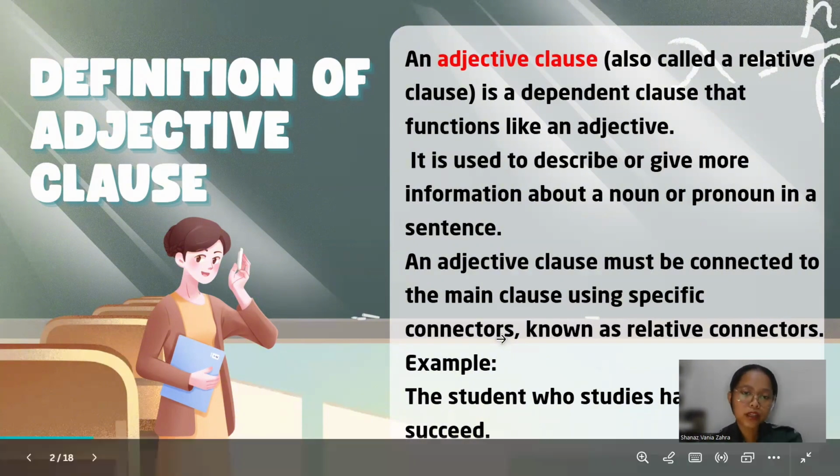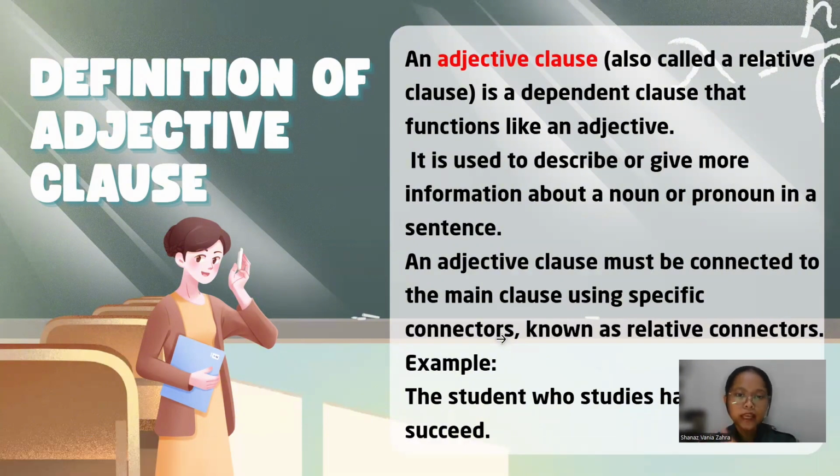So from the definition, we can understand that an adjective clause is not just an extra word, but an important part of a sentence that helps us, the listener or reader, identify something more clearly. In real communication, we often need to explain which person, which thing, or which place we are talking about.